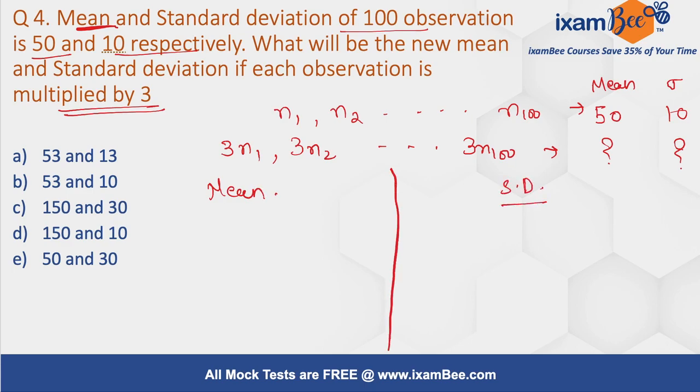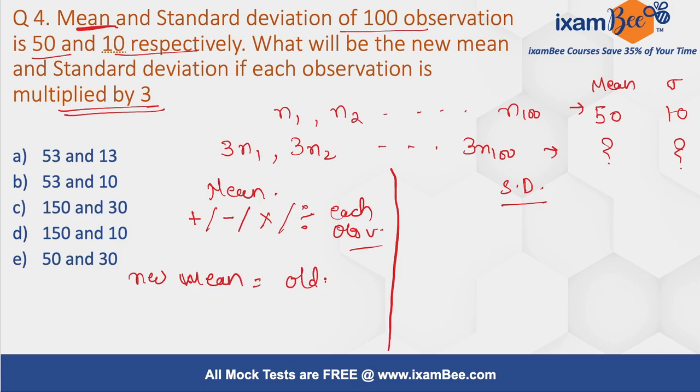For mean and standard deviation, the cases are different. If we add, subtract, multiply or divide each observation with a certain value, the new mean can be found by applying the same operation to the old mean.